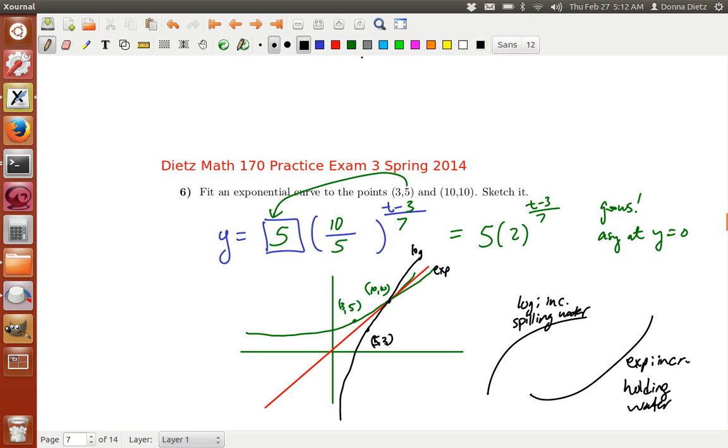Both curves are increasing, but log is increasing slower and slower and slower, so it bends down, and exponent is increasing faster and faster and faster, so it bends up. Okay, so those are the important points for that.